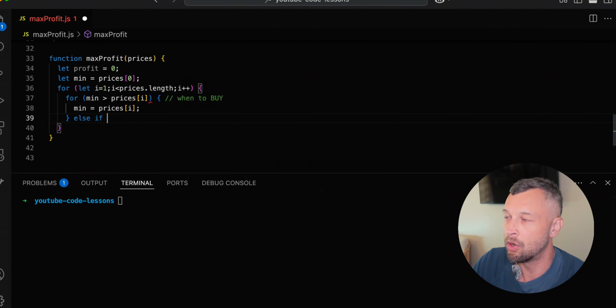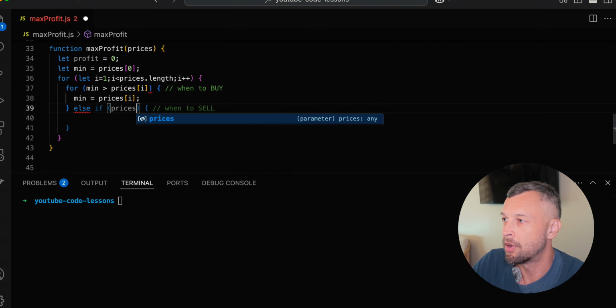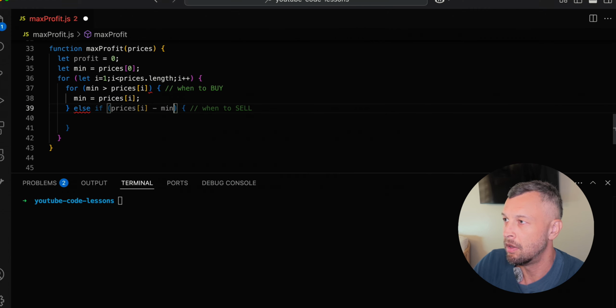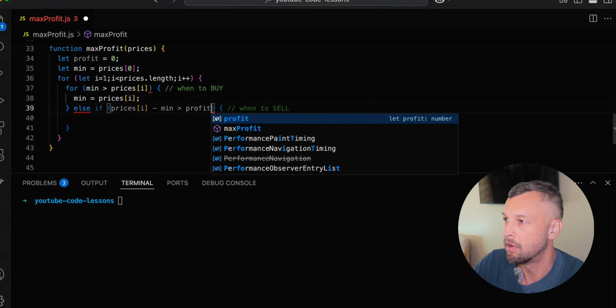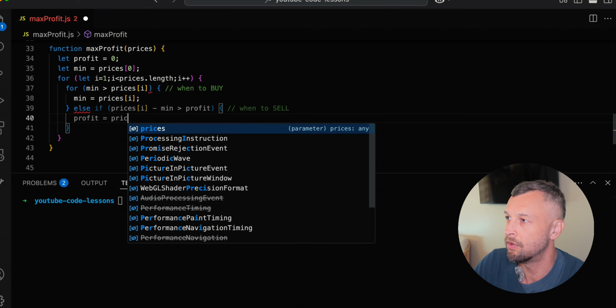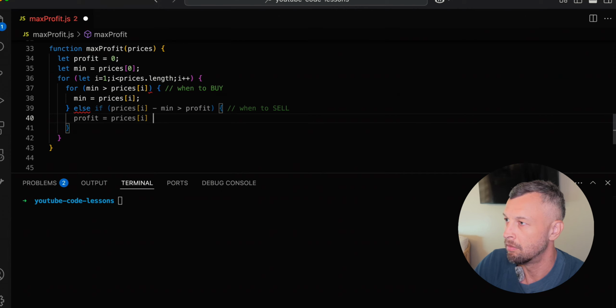And then here we're going to look at when to sell. And we simply say if prices[i] minus min is greater than profit, then we want to say our profit equals prices[i] minus min.